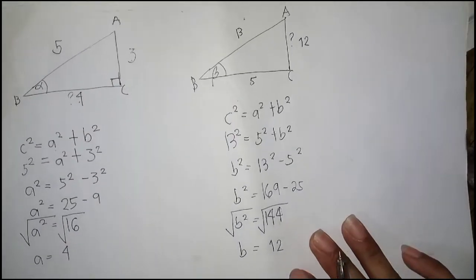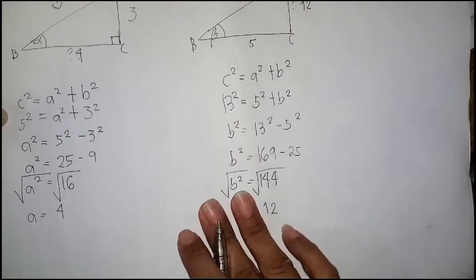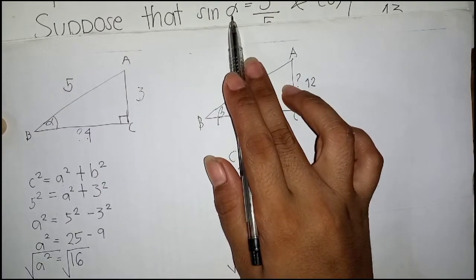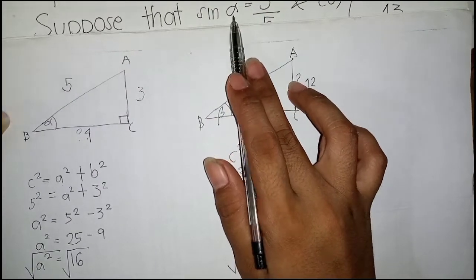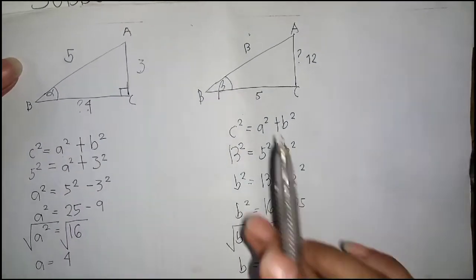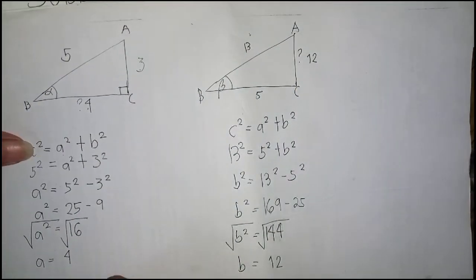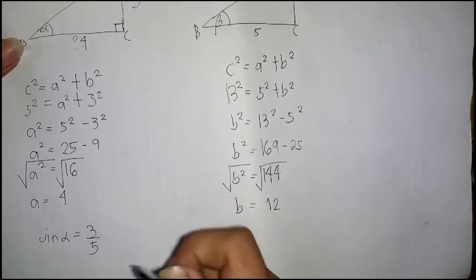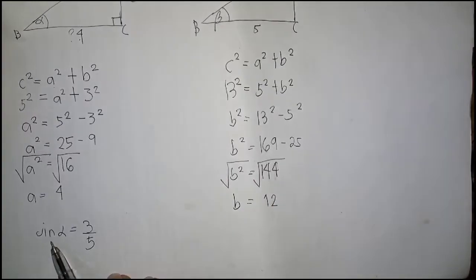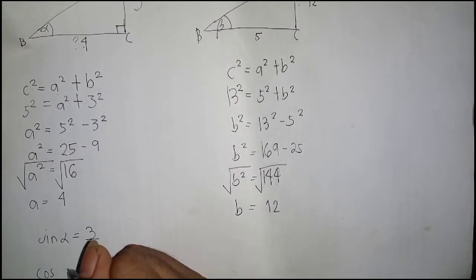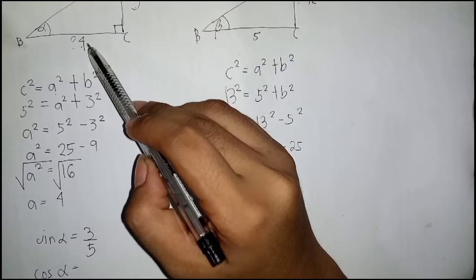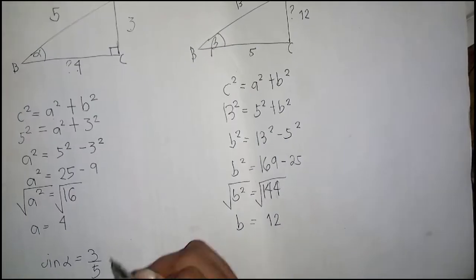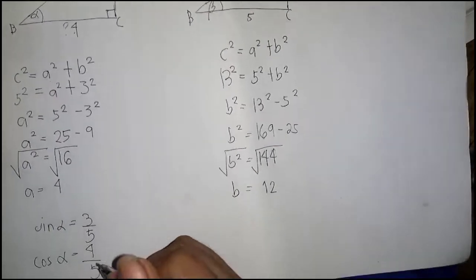So, now we can identify what is our sine and cosine of alpha. So, the sine of alpha is 3/5. And then, our cosine of alpha is equal to adjacent over hypotenuse, which is 4/5.